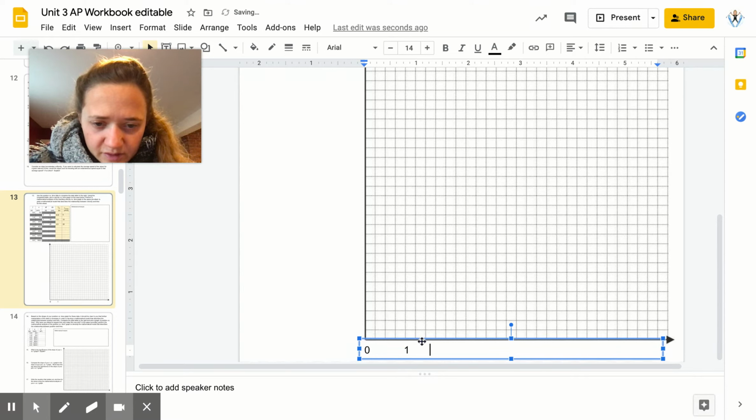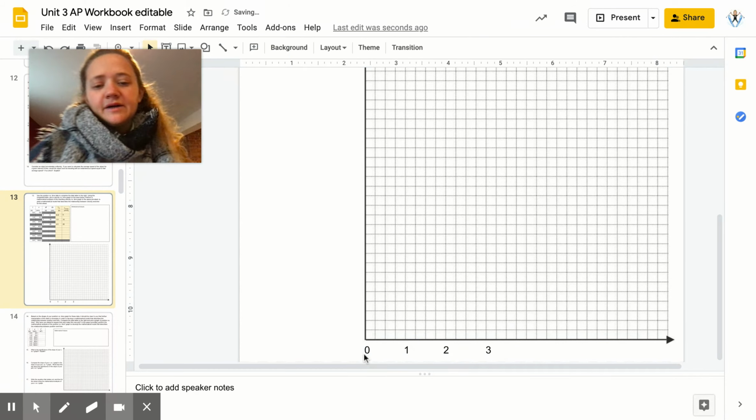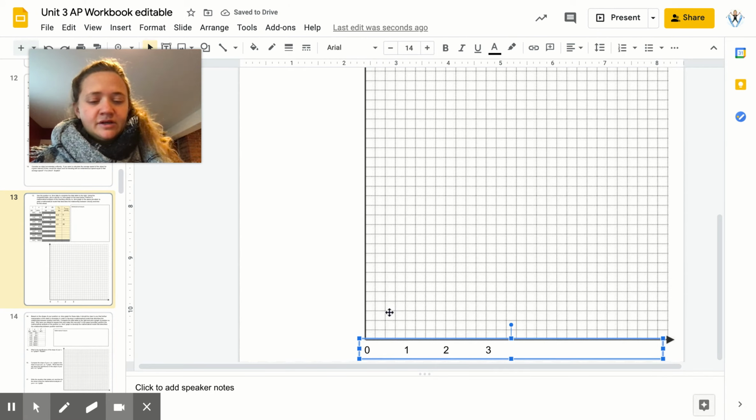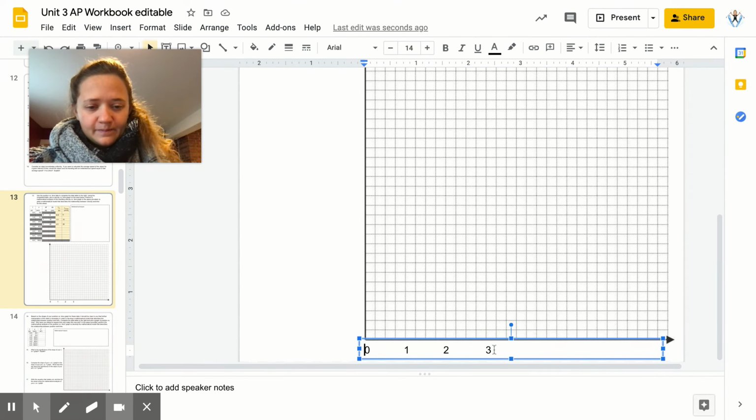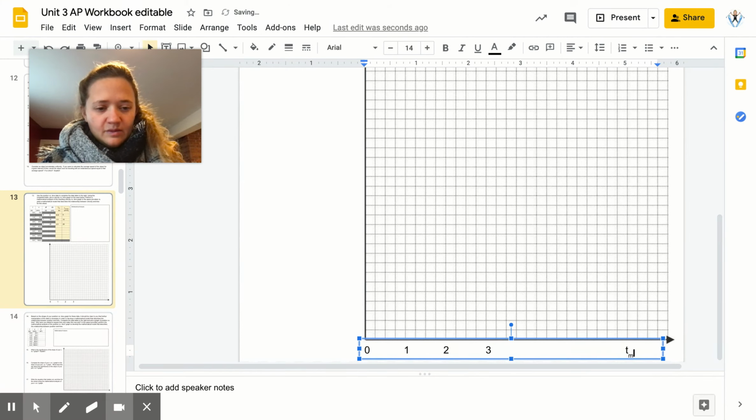So 1, 2, 3, 4. That's where 2 should be. 1, 2, 3, 4. That's where 3 would be. Etc. etc. And this is for T mid.